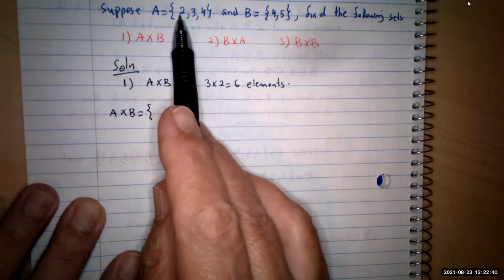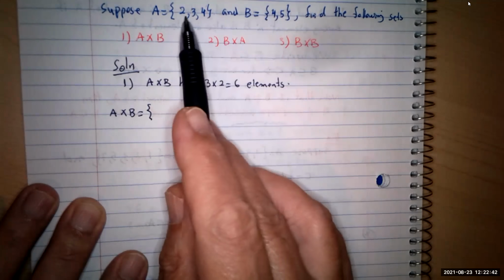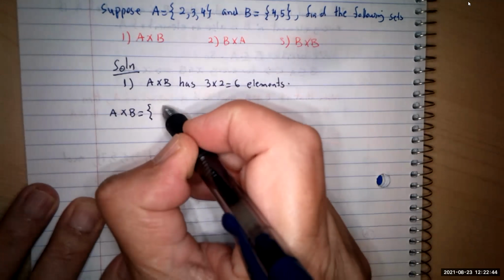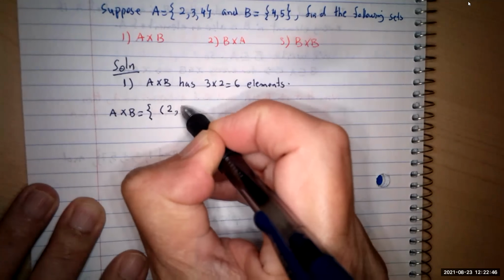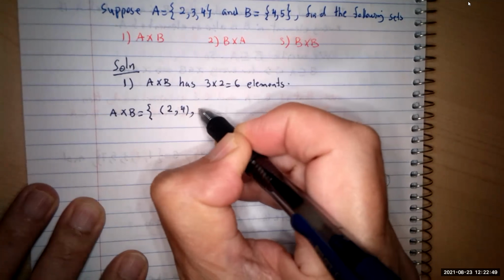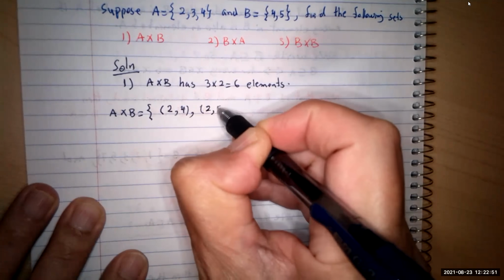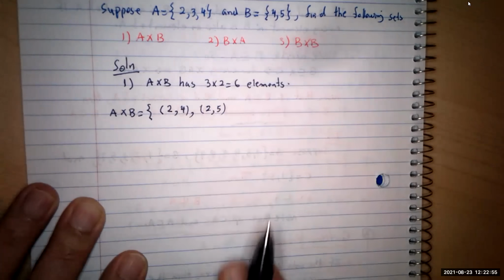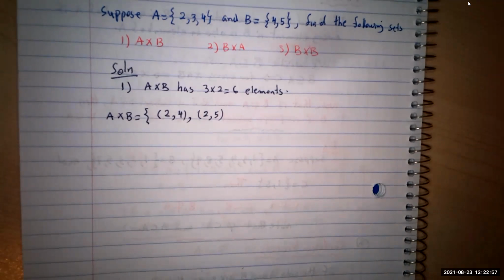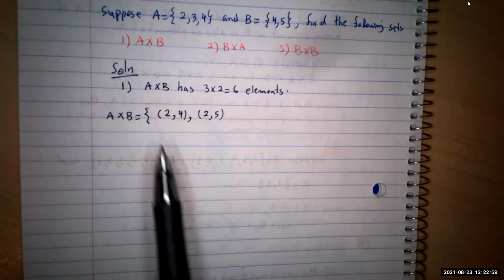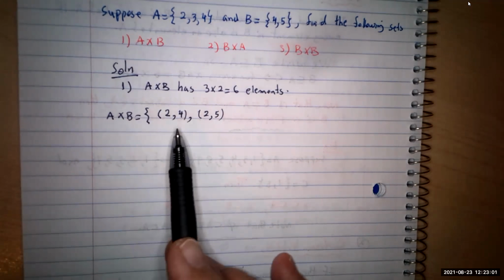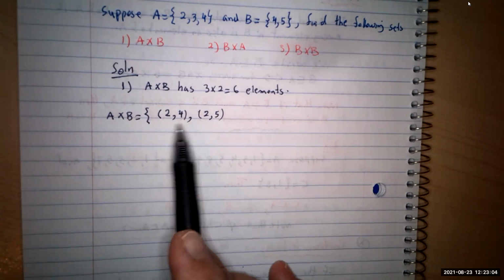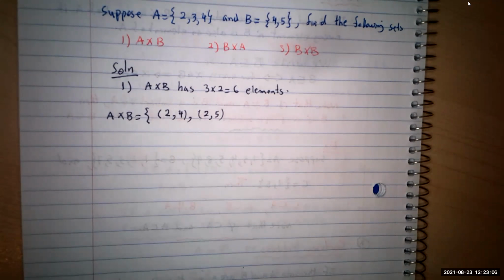We start with 2, so we can have (2, 4), and then (2, 5). Remember, you must use parentheses for ordered pairs, and brackets for the sets. In some books they even use brackets for this, but not in this course. Any question? You're done with the 2.